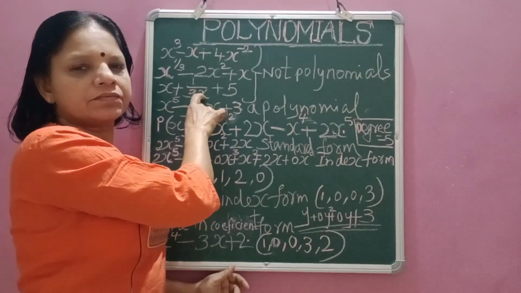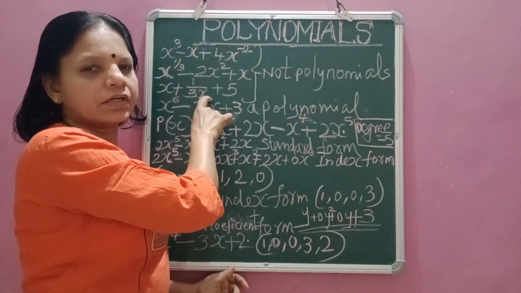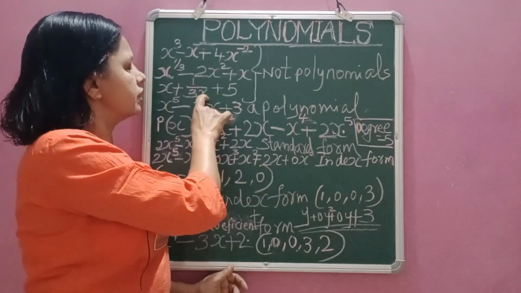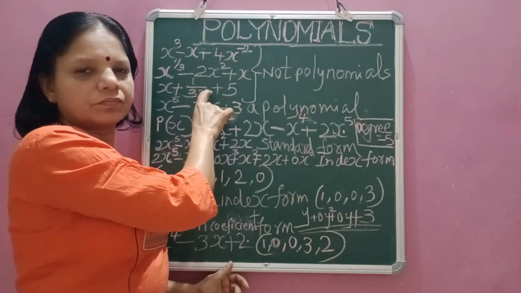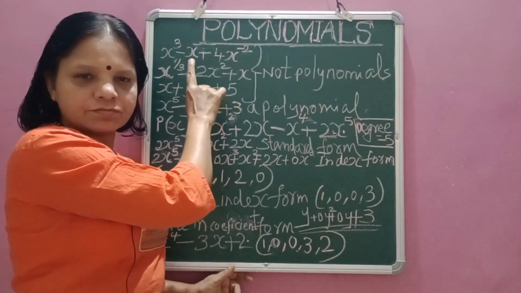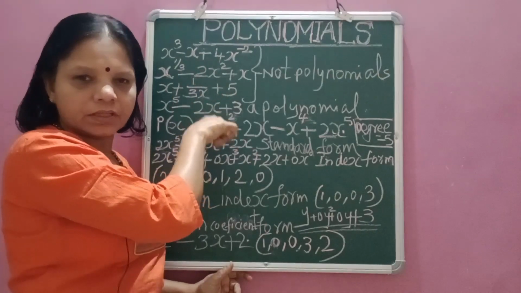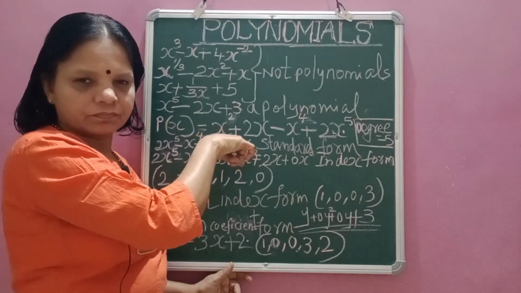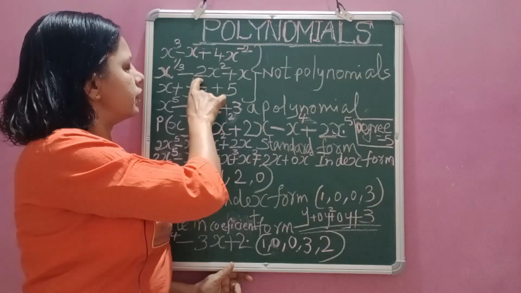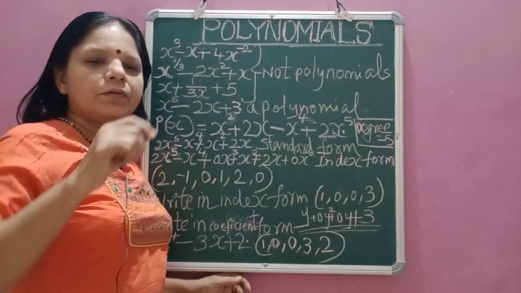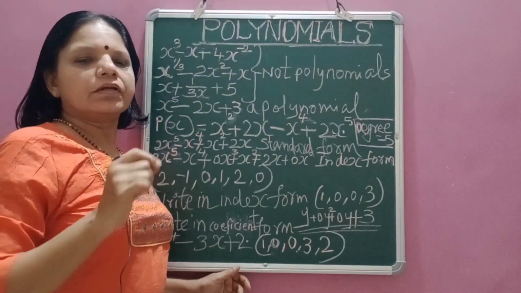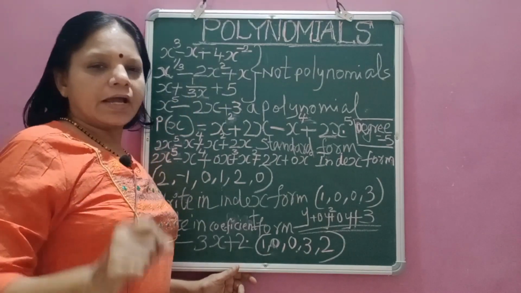Because the variable is in the denominator, its index is minus 1. Clear? a raised to minus m equals 1 upon a raised to m. So x raised to minus 1 is 1 upon x. So the index should not be negative. The index should not be a fraction.